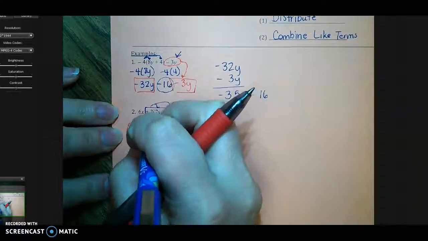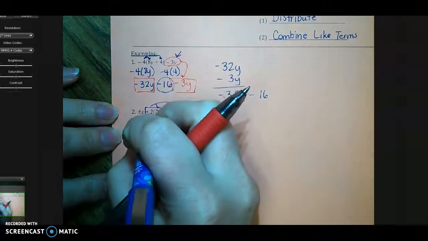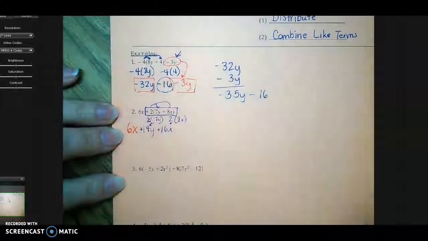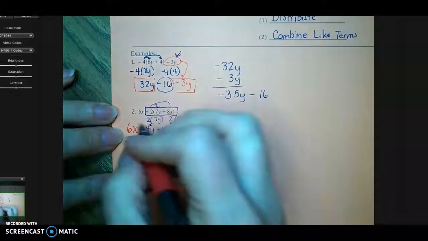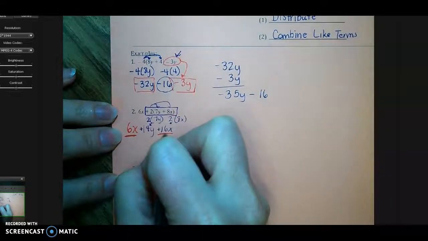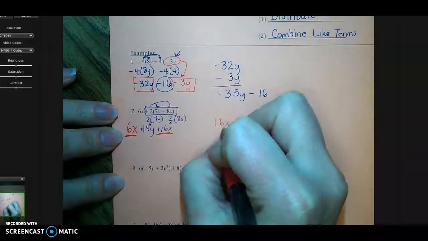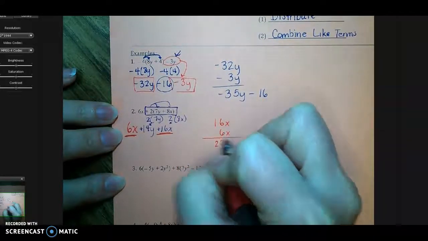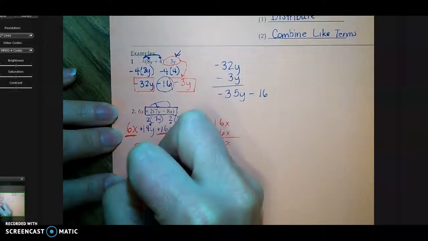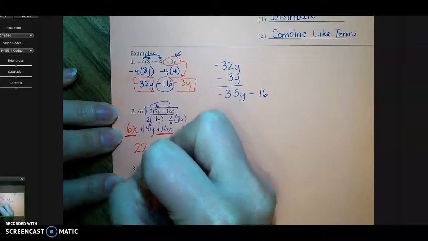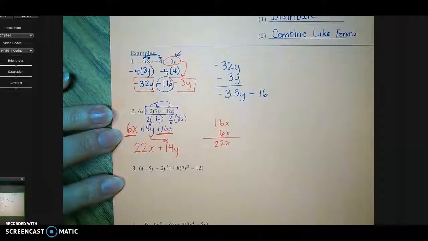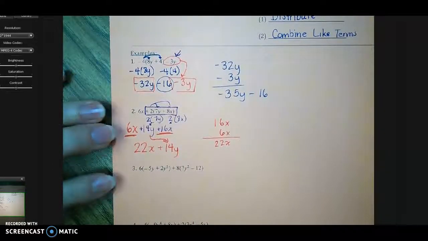Well, this is going to give me a positive 14y, and this is going to give me a positive 16x. And I notice again, I have 6x, 16x. They're both positive, so again, I'm going to add, and I get 22x plus that 14y that I can't forget was up there that didn't have any like terms to be combined with.